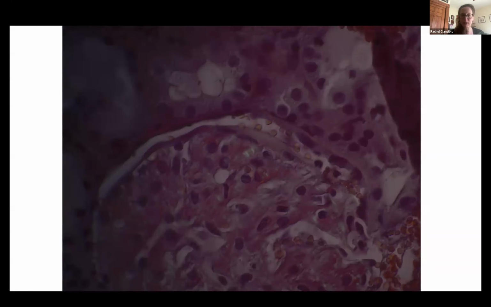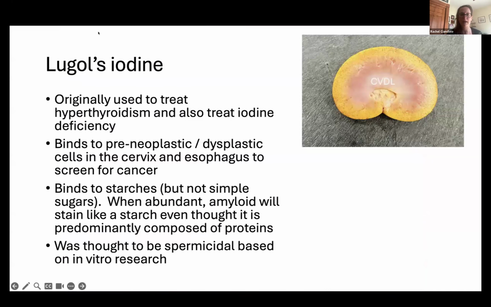We also already had the electron microscopy to prove that it was amyloid, but it is a learning moment for the clinicians and for the pathologists on the call, because you can miss it if it's this faint. Do any of the pathologists know what other structure will, hopefully I'm showing you my Lugol's iodine picture.